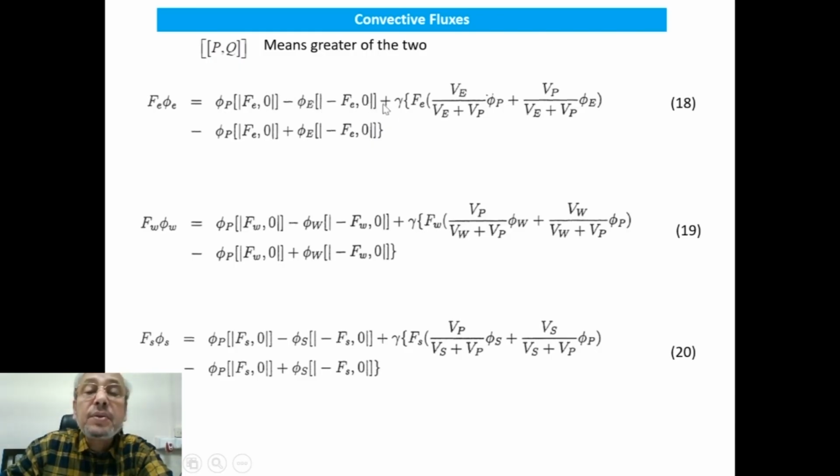minus Fe comma 0 plus gamma. Gamma is a fraction and multiplied by this central difference minus, we are calling this upwind difference.